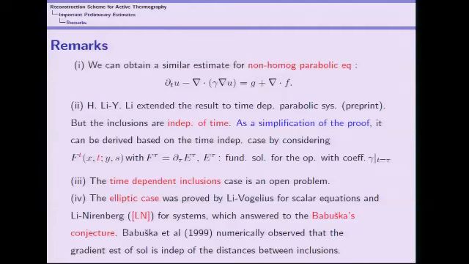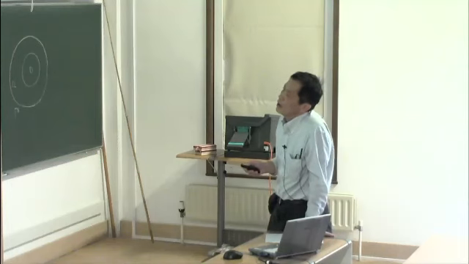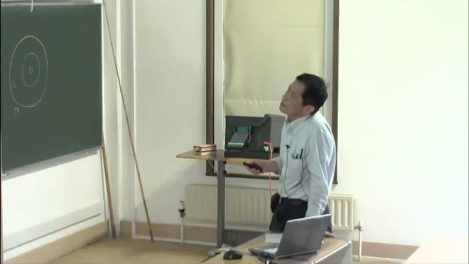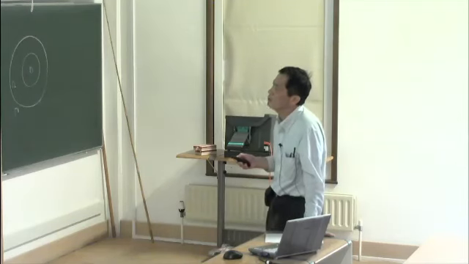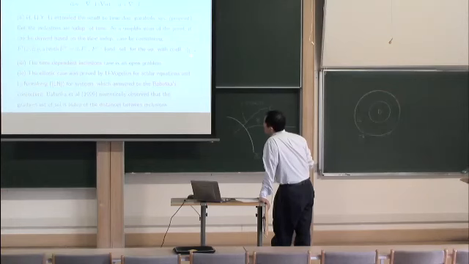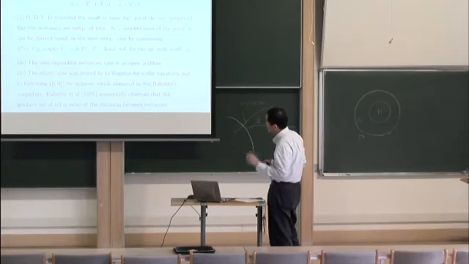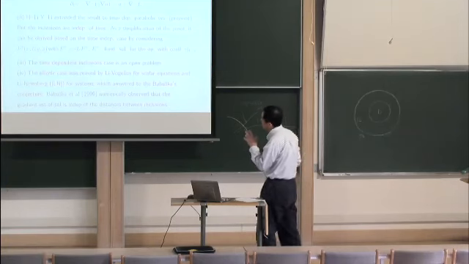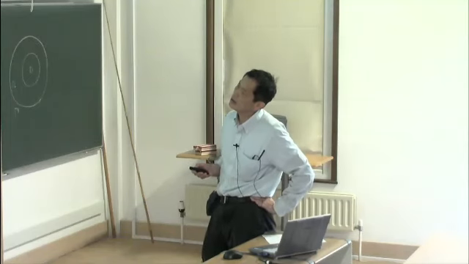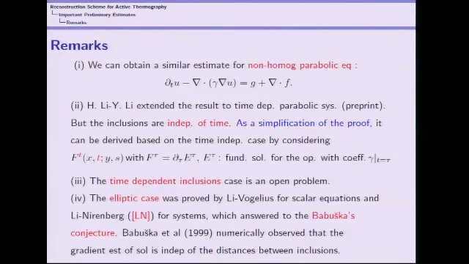For that, you only have to consider this kind of F_tau(x,t,y,s), where F_tau is defined via E_tau. E_tau is a fundamental solution for the operator with coefficient frozen at t equal tau. For the time-dependent inclusion, which means that the subregions D_m are moving with respect to time t, in such a case the gradient estimate is open. It's an open question.